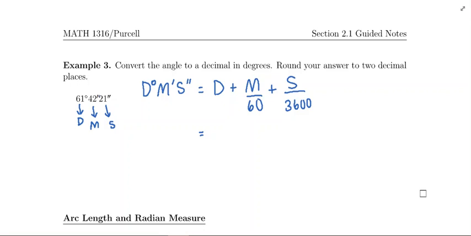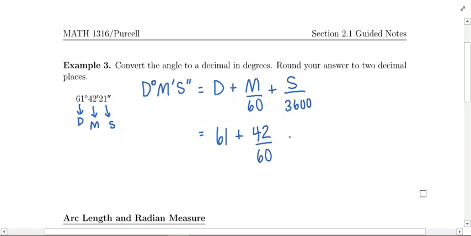All right, so we're going to have D plus m divided by 60, so that's 42 divided by 60, and then the s, which is 21, divided by 3600, and then we're going to go to our calculator and we're going to get this decimal. Okay, so let's go do that.